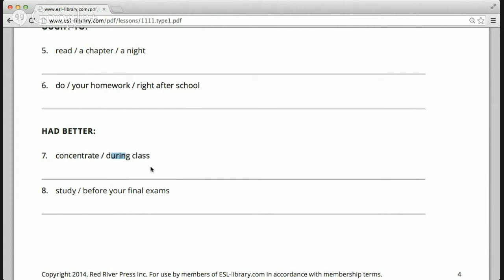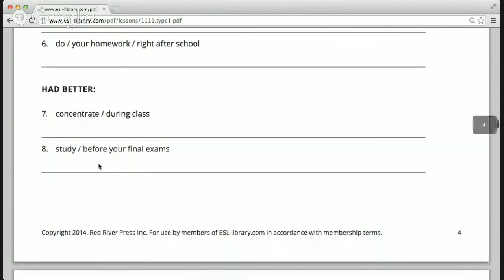Good, nice job. And number 8 is for Miad. You'd better study before your final exams. Good, nice job. Excellent. Any questions up till this point, you guys? No? Okay, good. Let's continue.